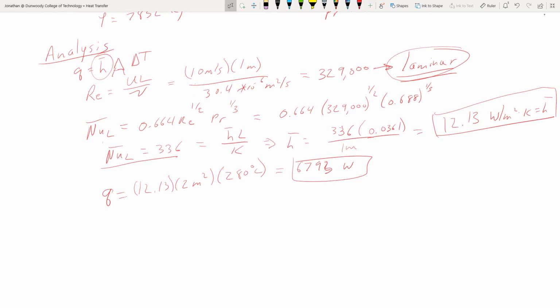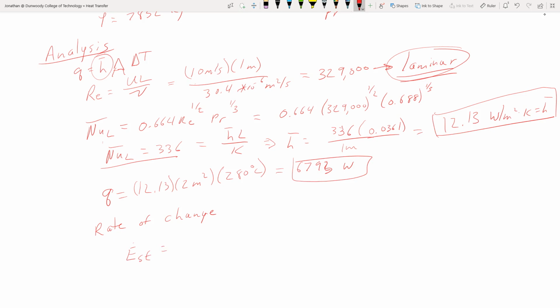And then the second bit, the heat rate at the rate of temperature change. So what do we need there? Where does that come into play? Well, from our energy balance, what we have is storage, the change in temperature.